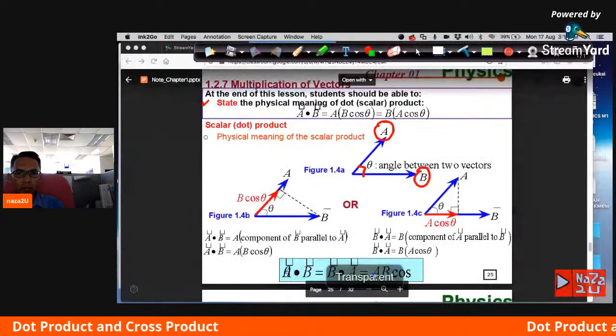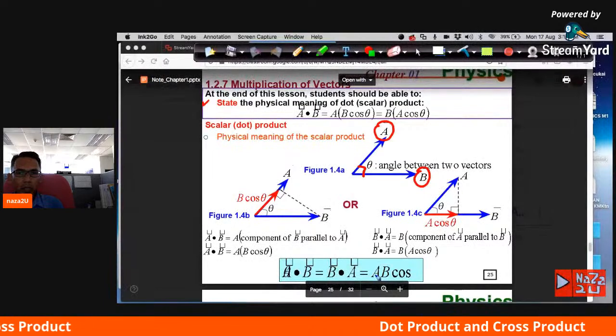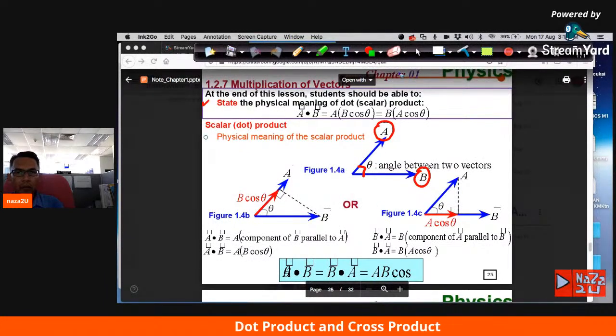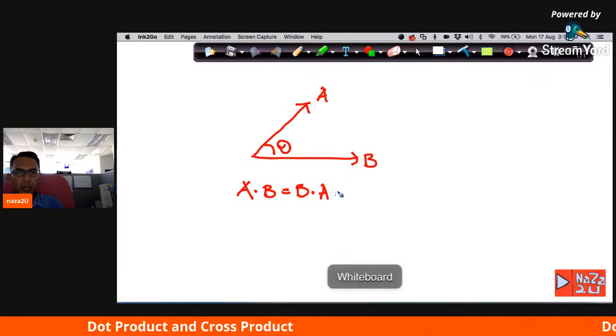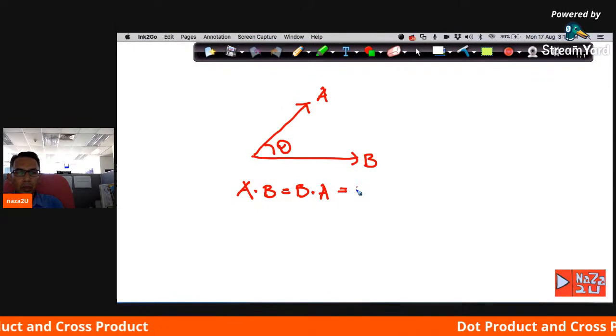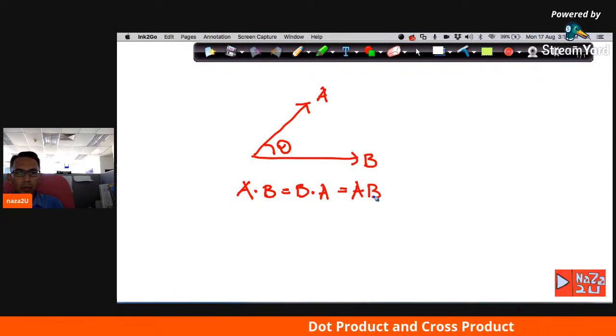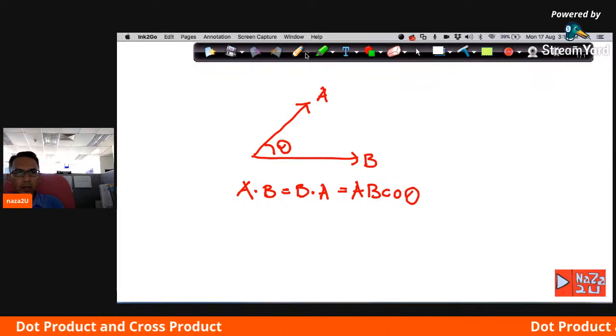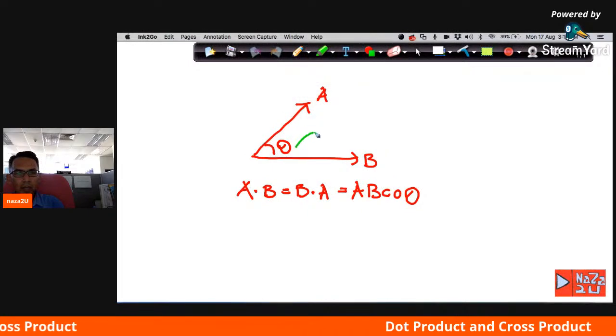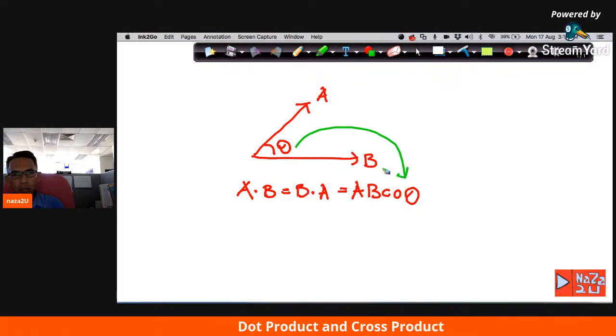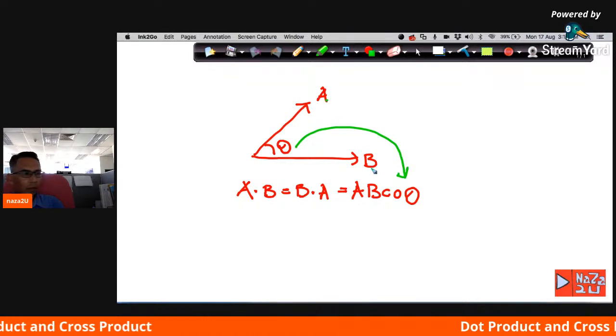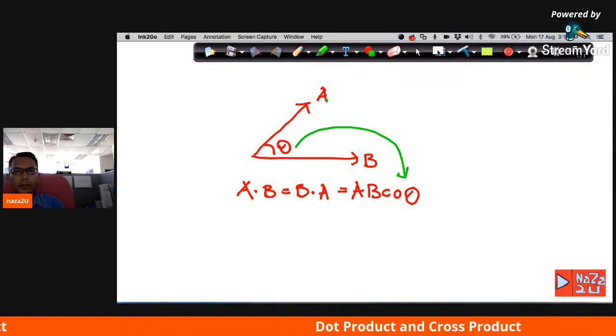So A dot B is equal to AB cos theta. The theta here is the angle between vector A and vector B.